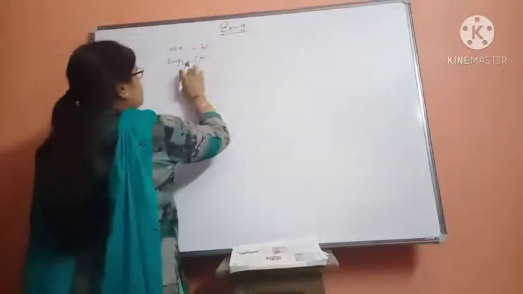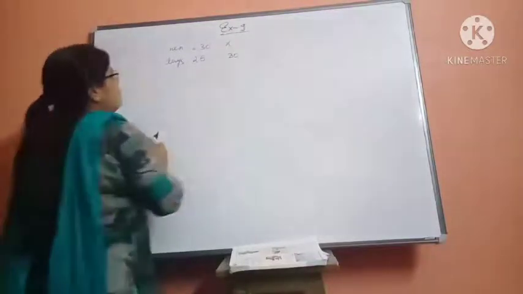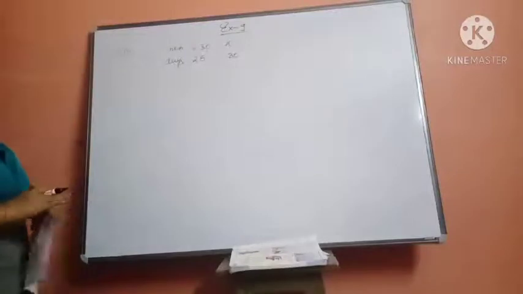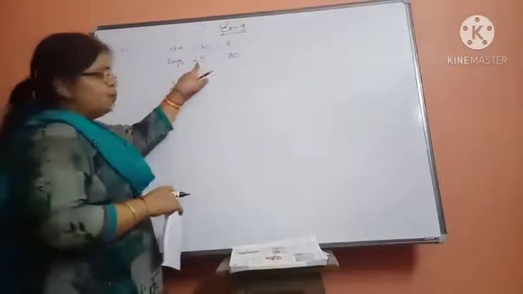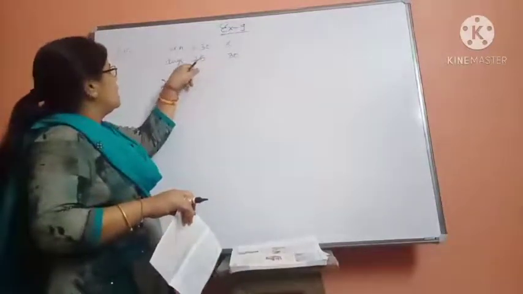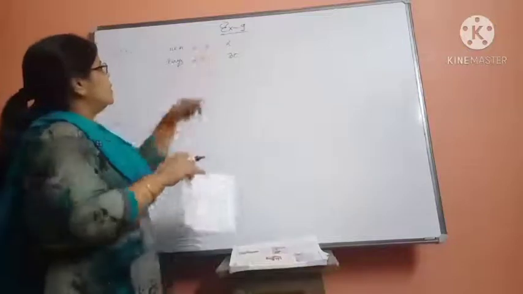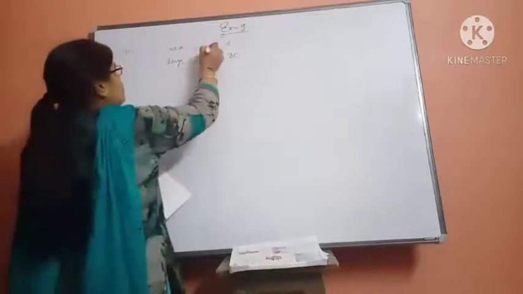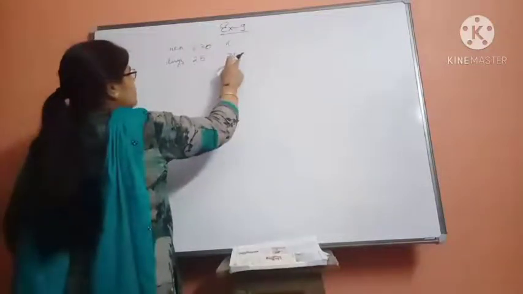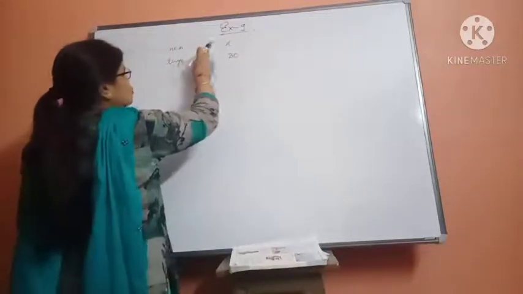If we would like to use the same food for 30 days, then how many men will be required? Suppose it is 50 kg of rice, and we want to run the same amount of rice for 30 days, then we should reduce the number of people.